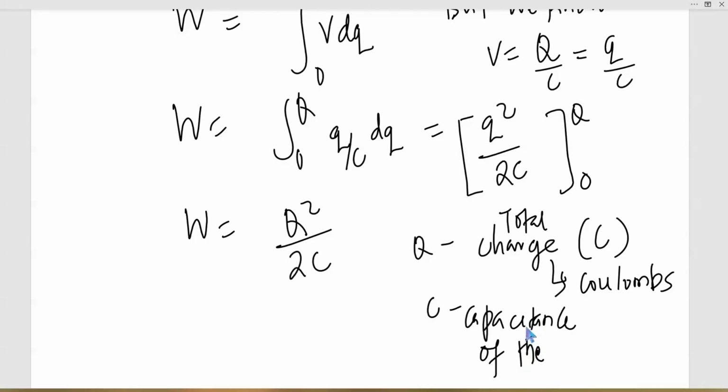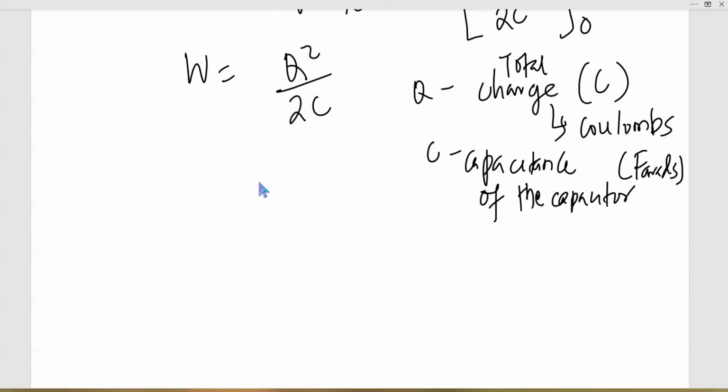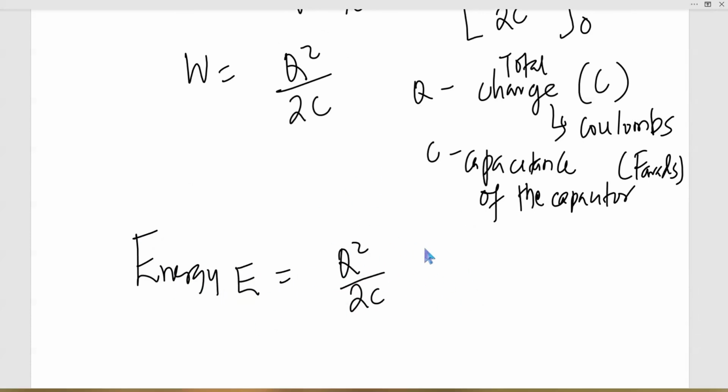We say the capacitance of the capacitor is the ability of the capacitor to carry energy, and this is in farads. So we can say the energy E of the capacitor becomes Q squared out of 2C. If we wanted to express it in terms of V, for example if you're given voltage, then we know that Q is equal to CV.